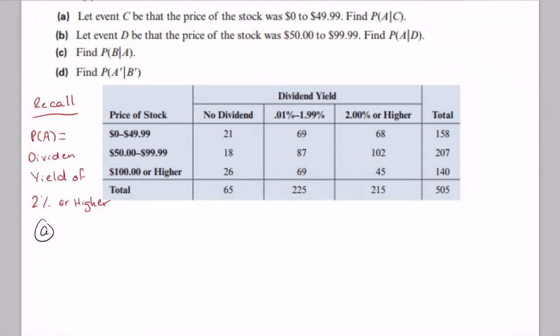So now let's start. A, let event C be that the price of the stock was from 0 to 49.99.